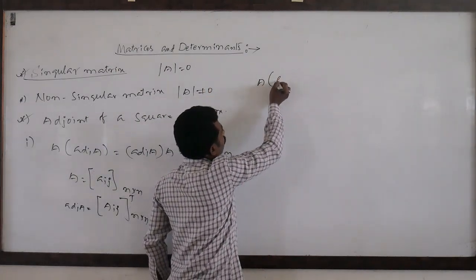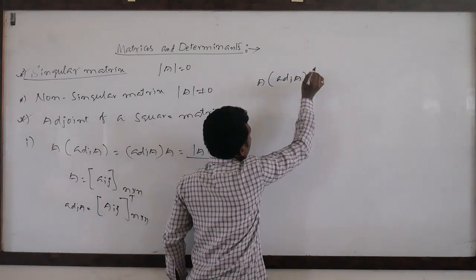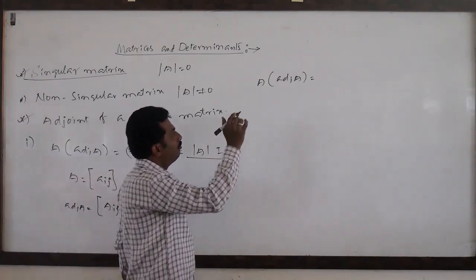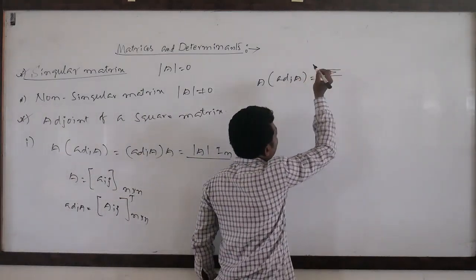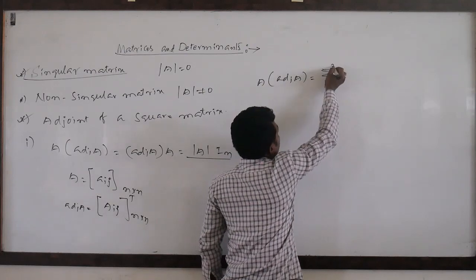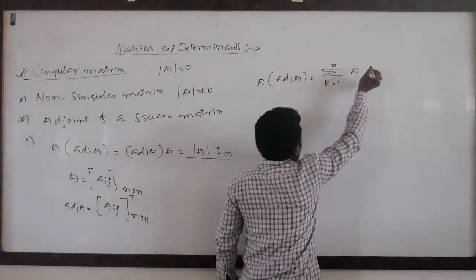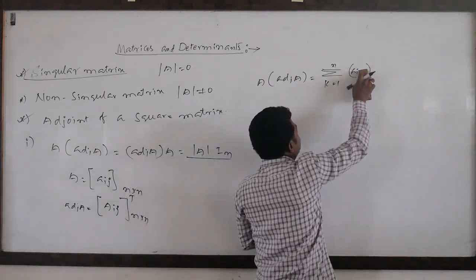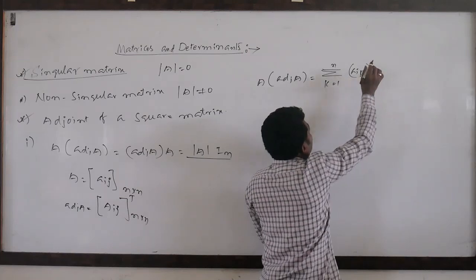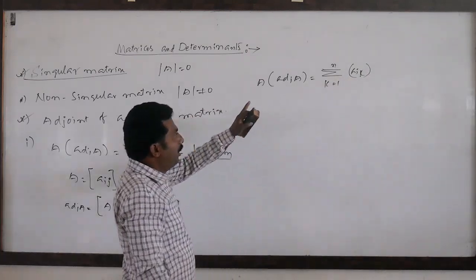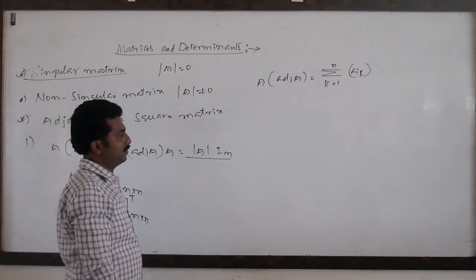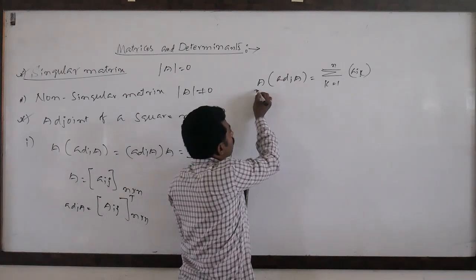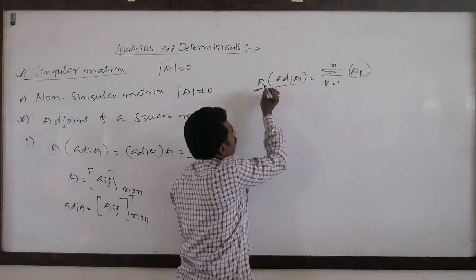Now we have to calculate A into adjoint of A. So how do we calculate the product of two matrices? The product means the sum of the products of the elements of a row of the first matrix with the corresponding elements of a column of the second matrix.